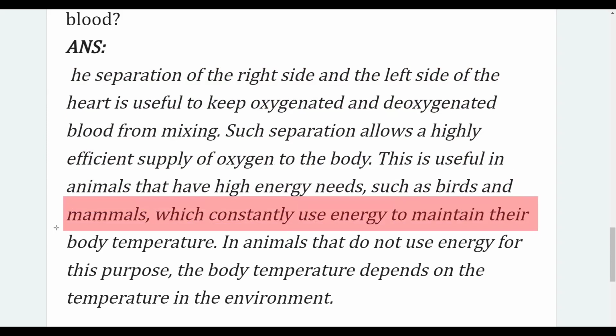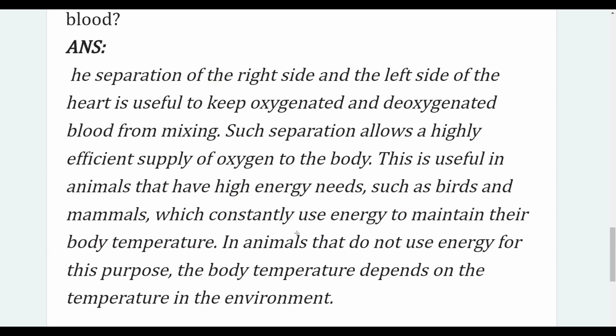As you must know, we are warm-blooded animals, so we can maintain the temperature of the body, and that is only possible if we can separate the oxygenated and deoxygenated blood. In some animals, such as reptiles, they cannot maintain their body temperature. Their body temperature depends upon the environment, but not in our case. So they can tolerate some amount of intermixing of the oxygenated and deoxygenated blood, and that's why they have a three-chambered heart.